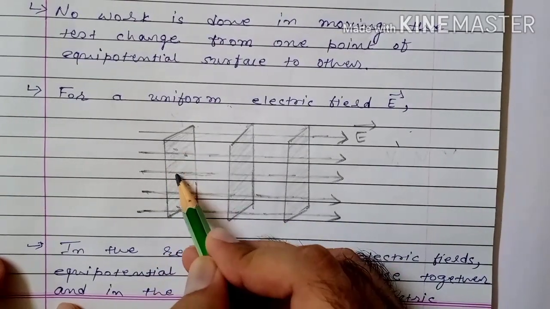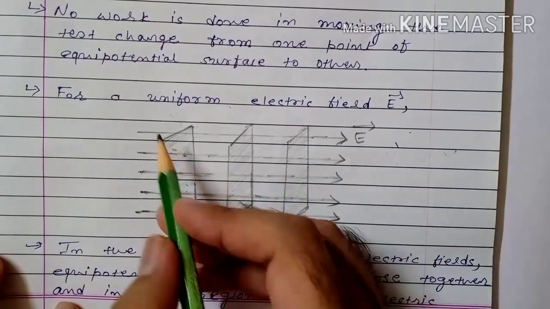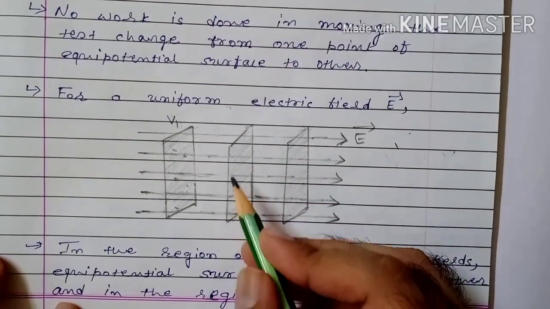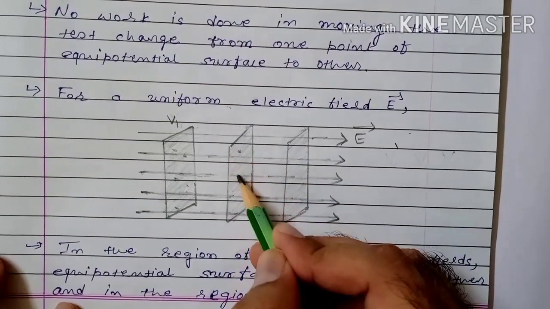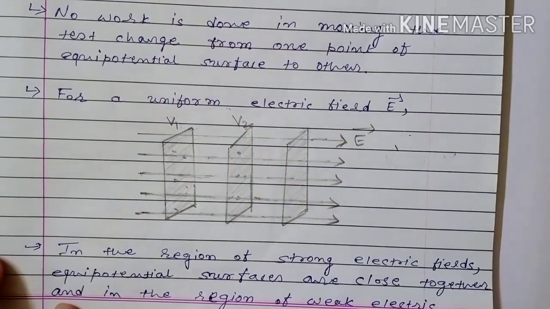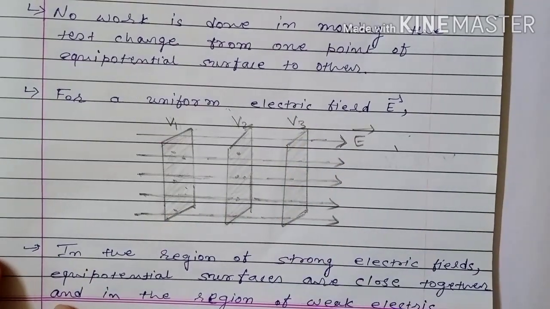On each and every point on this surface, potential will be same. Let me take this potential as V1. For this second equipotential surface, let me take potential on each and every point to be V2. For this third surface, let me take this potential V3.